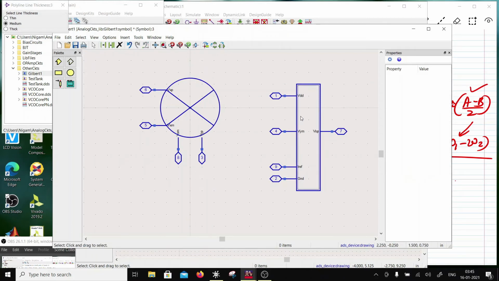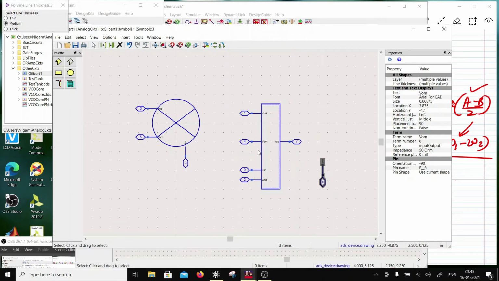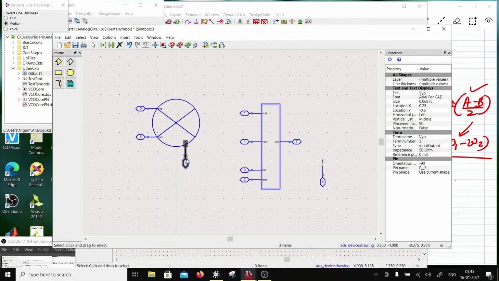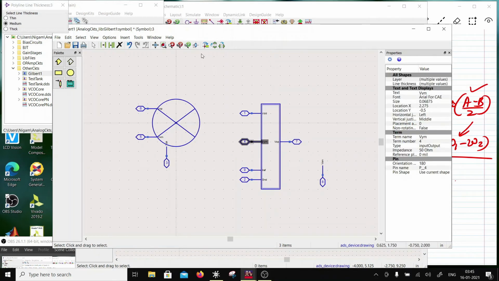Okay, and then you have got two outputs. So this is VYM, VYP. So this is VYP and this is VYM. So let's rotate this.